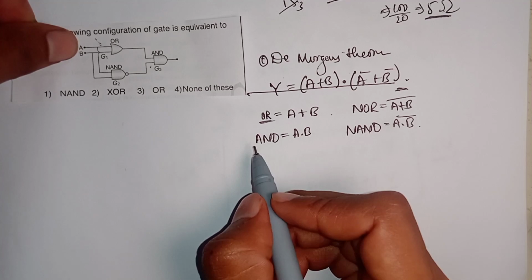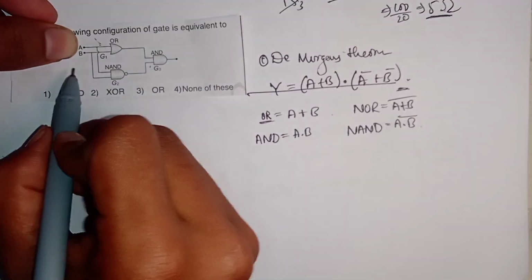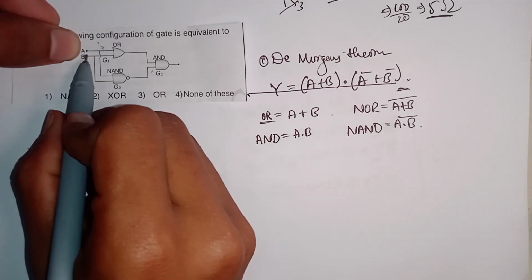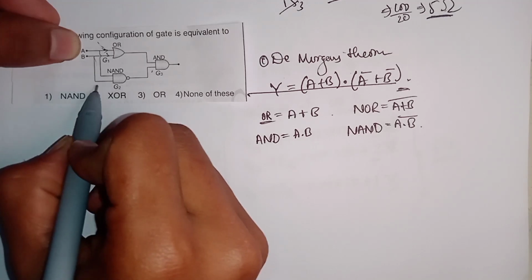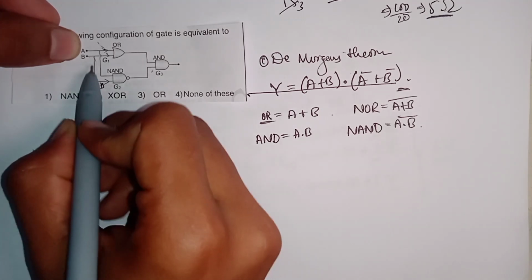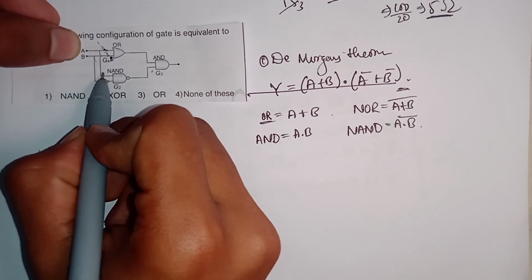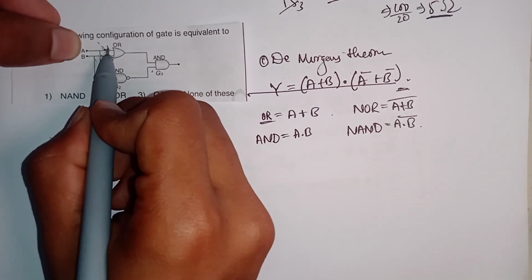See here, I will be writing on this question only. A and B are given, and they go in this way and this way. B is coming here and B is going here, A is coming here, and A is going here.